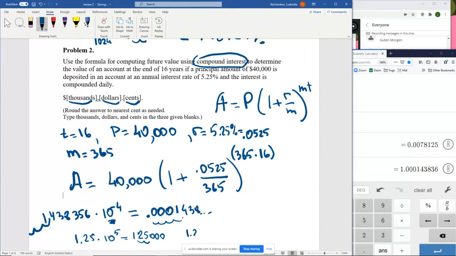And if you have 1.25 times 10 to the power negative 3, it means that the decimal point is actually 3 places to the left from this. So 125 and 1, 2, 3. So we need 0, 0, and this is actually this number.